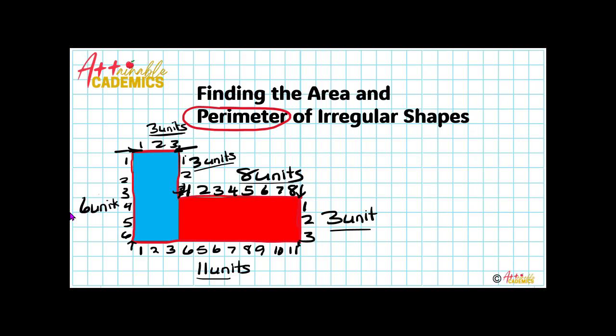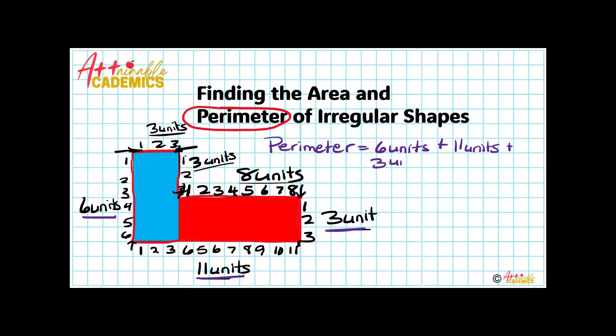So you see what I'm seeing? Let's make sure that we have it all, right? So switching up colors again, 6 units. Let's write perimeter. Perimeter equals 6 units plus 11 units plus this 3 units.